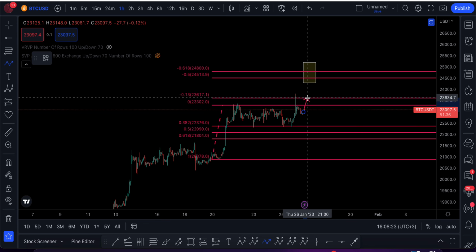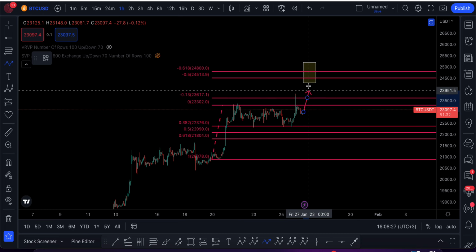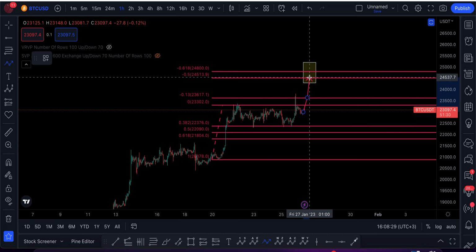So if we can trade back above 23,634, then I would be expecting that move to the upside to around the 24,500 area, or maybe just into the 24K area.